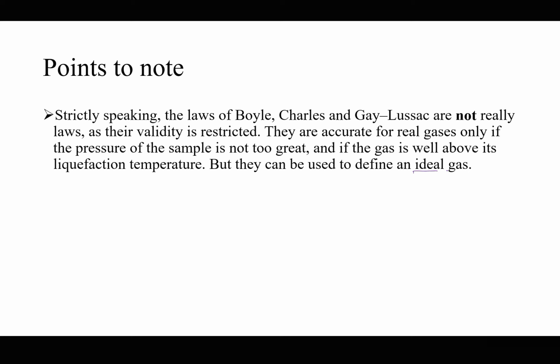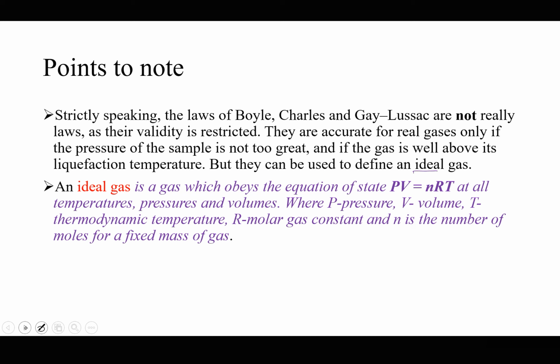So what do we mean by an ideal gas? The question will be: define an ideal gas. An ideal gas is defined as a gas which obeys the equation of state, that is the equation PV = nRT, at all temperatures, pressures, and volumes, where in that equation we shall have to define all the quantities.